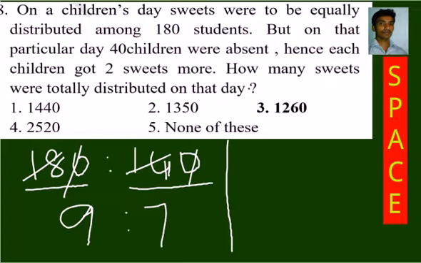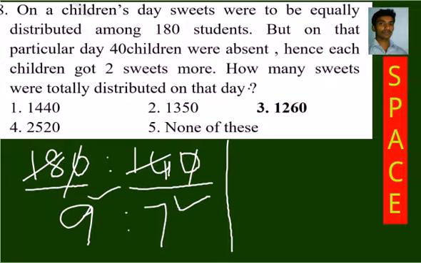So let us discuss one more point here. The number of people in the first case and the number of people in the second case is 9:7. So the number of people is more in the first case and less in the second case. If there were more people, each one will get fewer sweets.